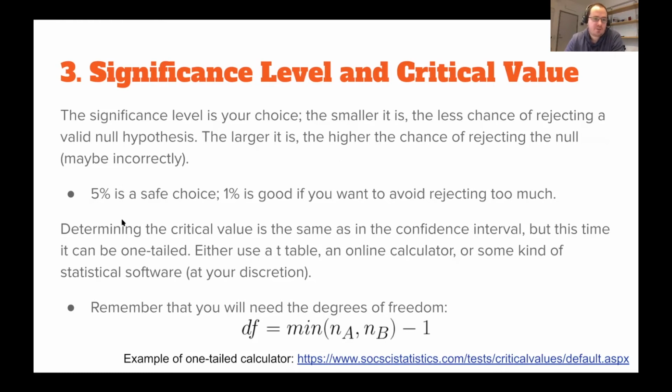Then comes the time of determining the critical value, because as soon as you define your significance level of 5%, for example, now comes the time to say, okay, how far away do I have to be from the center? So that blue area that we saw before, how far away do I have to be in order to actually have these blue regions that correspond to, for example, 5% in that case?